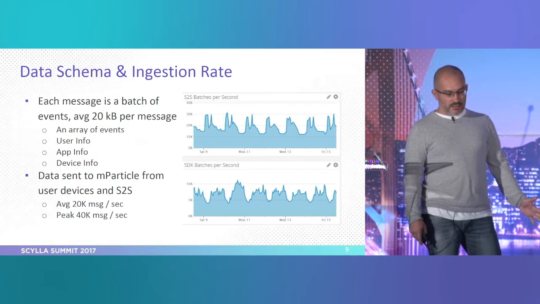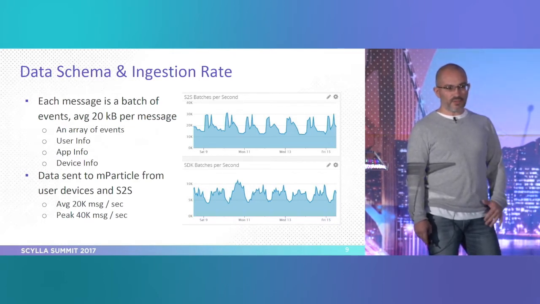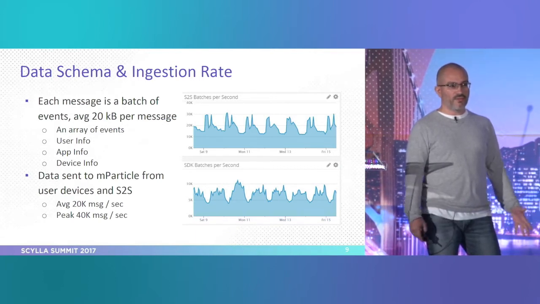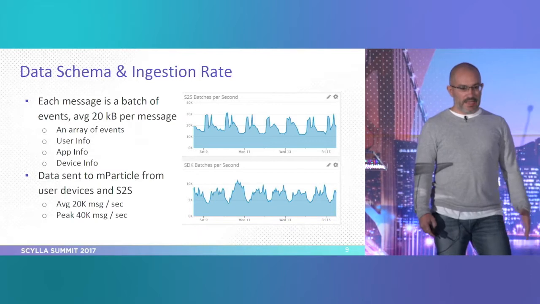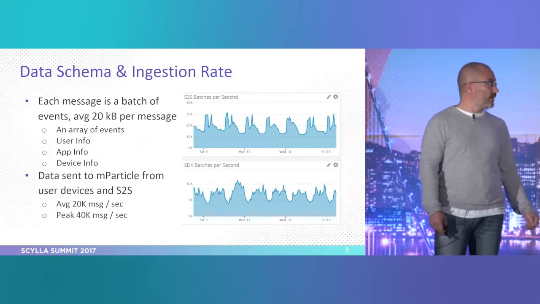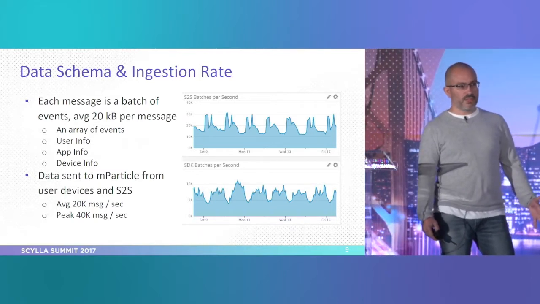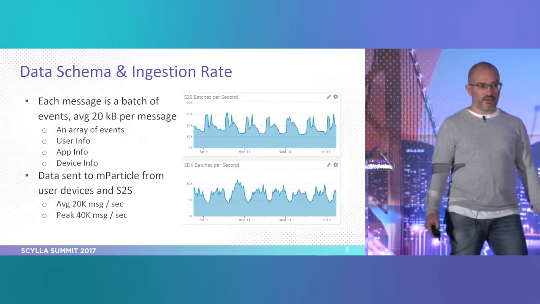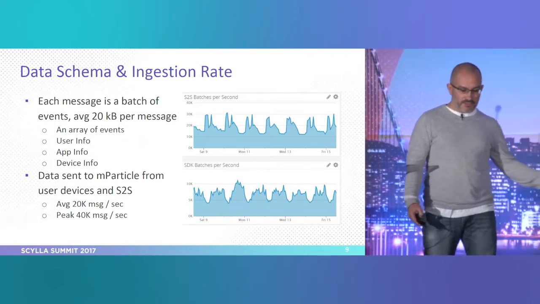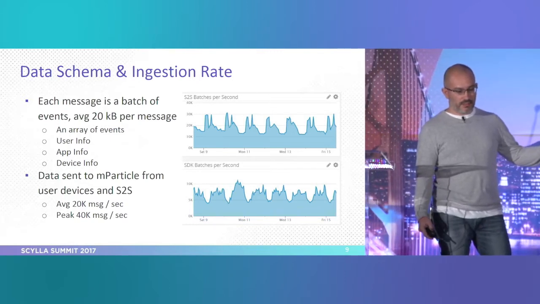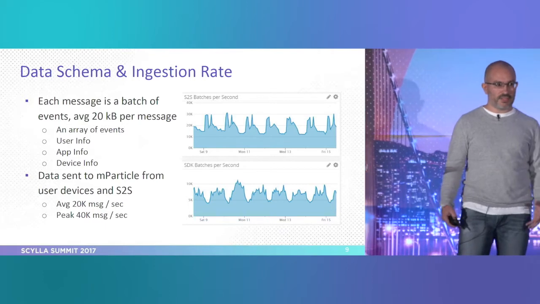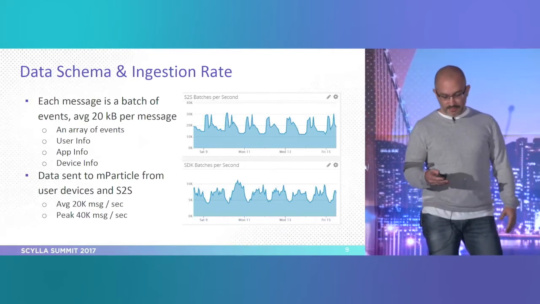As you can see, the rate of ingestion can change from minute to minute, from anywhere from 10, 20,000 messages per second to 30, 40, 50,000 messages per second. And the data store that handles this needs to be able to process this with low latency to satisfy our SLAs. The batches themselves are arrays of events with some user and some device information that gets processed, and rules get applied to it.